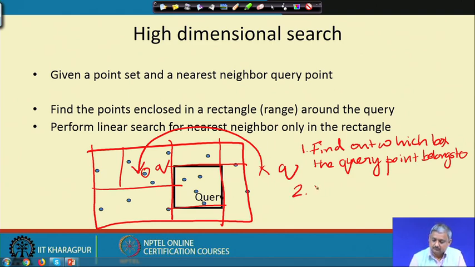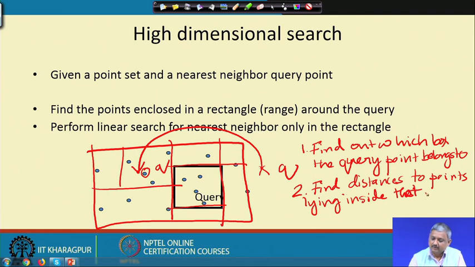Second, find distances to the points lying inside that box only. Okay, so you find distances only to these boxes and then sort them and take the top k. Okay. So, that is the idea.